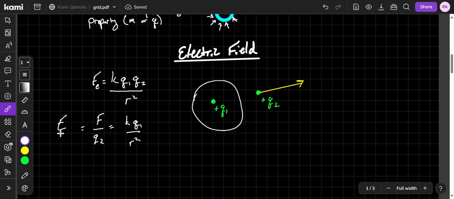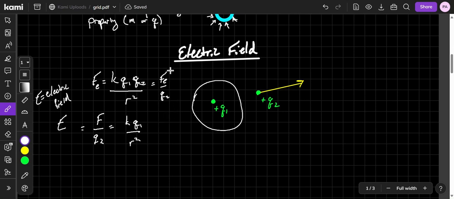E, yes, this stands for electric field. This equals Fe over Q2. If I divide by this other charge, Q2, then we'll get this, right?